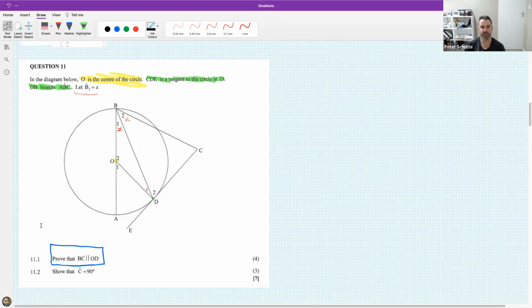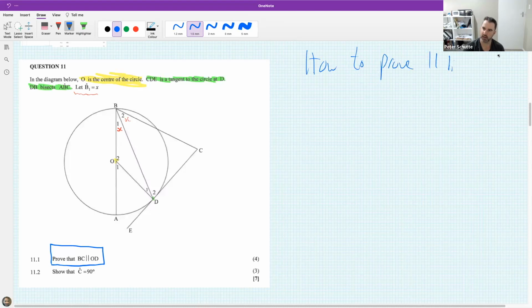How would you prove BC is parallel to OD? Maybe think about what are the ways we prove something's parallel. So this needs to be your toolkit. How to prove parallel lines? What are we looking for? There are 3 ways you can do it.